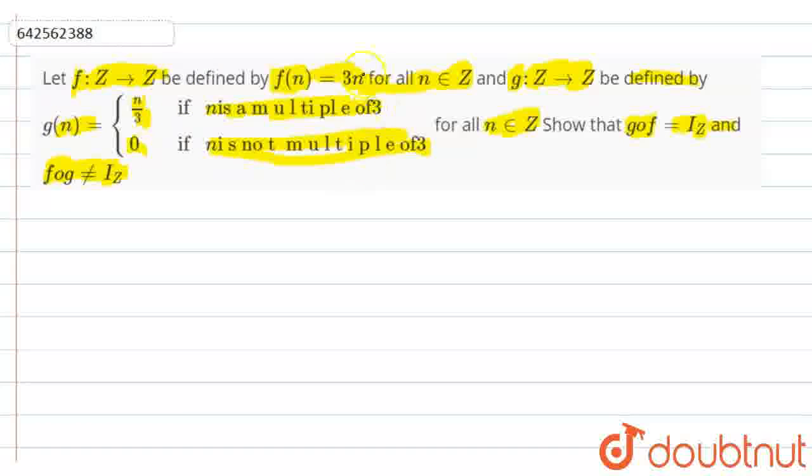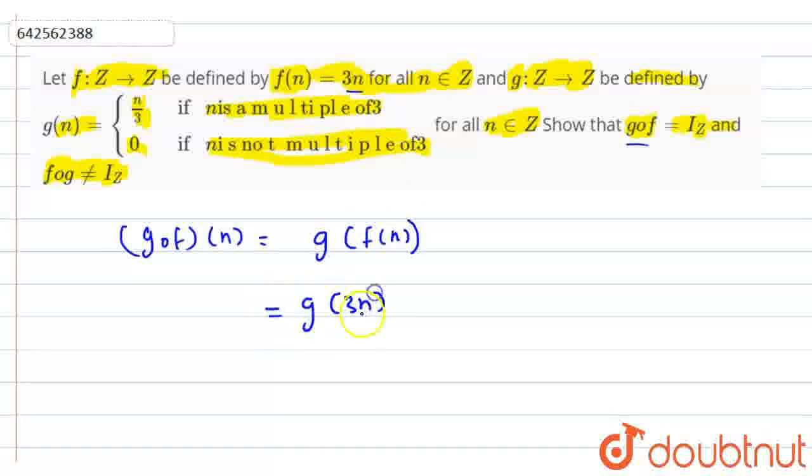So now I'm going to take the composition function g of f. g of f of n is equal to g of f of n. Here for f of n they have given that f of n is equal to 3n. So we get g of 3n, and we know that 3n is a multiple of 3.